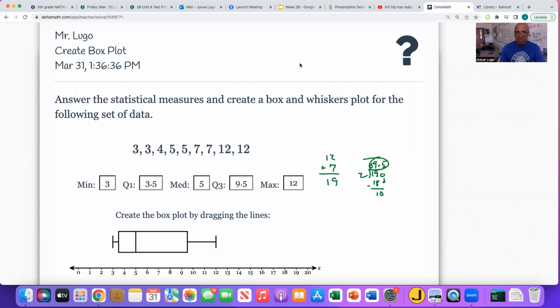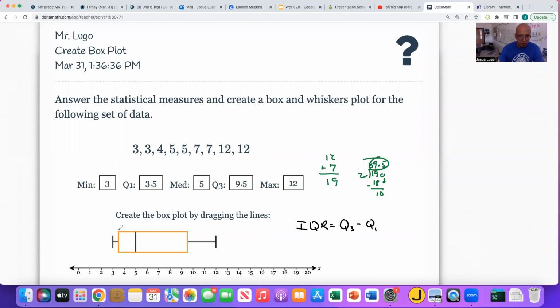All right, and that's pretty much it, ladies and gentlemen. Please remember that this section right here between Q1 and Q3, the upper part of the box, is your interquartile range. That is your middle 50% of the data. If they ever ask you for the interquartile range, or IQR, remember that that's just Q3 minus Q1.